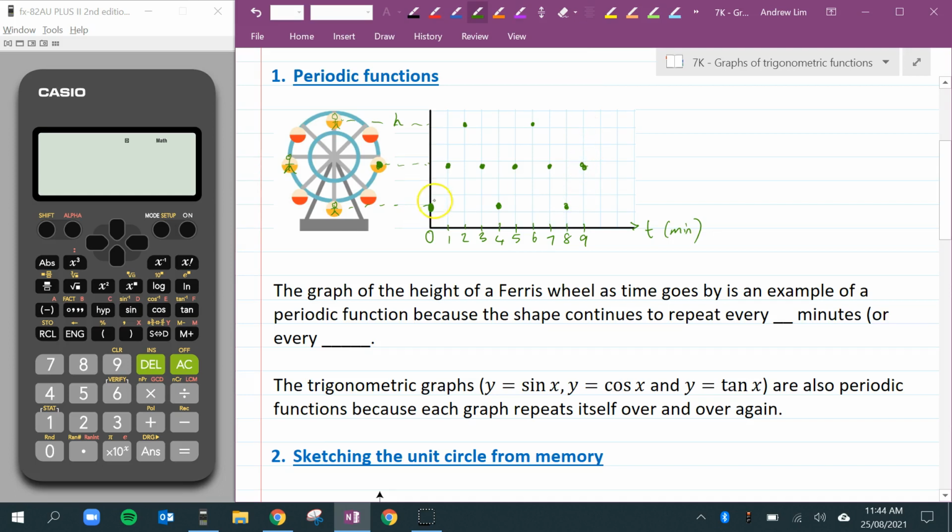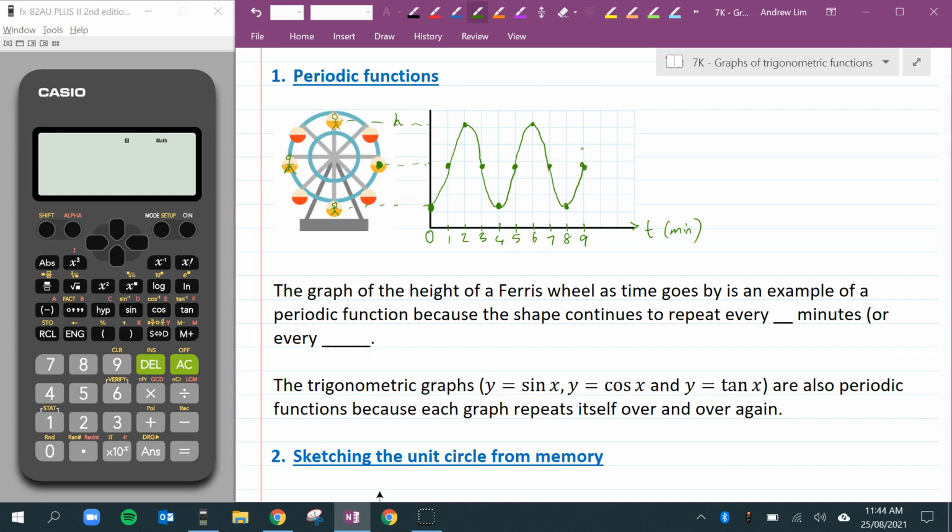We can see here that if we were to actually graph it properly with a smooth curve, it's going to form this sort of graph. And this is what we call a periodic function, right?